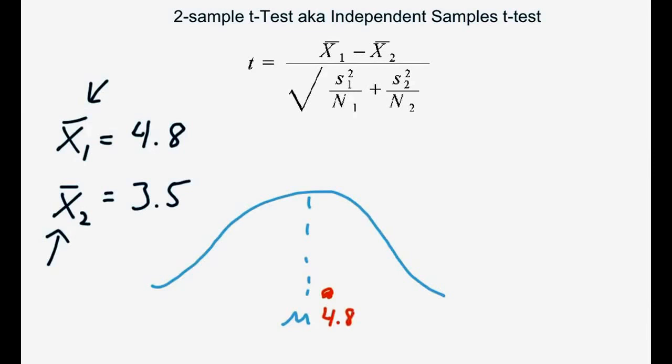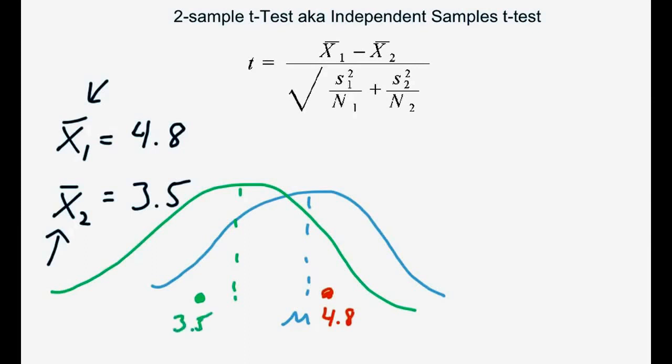But then we're assuming that there is some other population out there. I guess I better draw it lower. And we drew a sample from that population and got a mean of 3.5. So we concluded that our warm group came from a different population than our cold group.